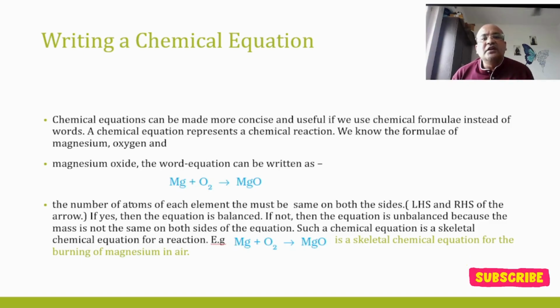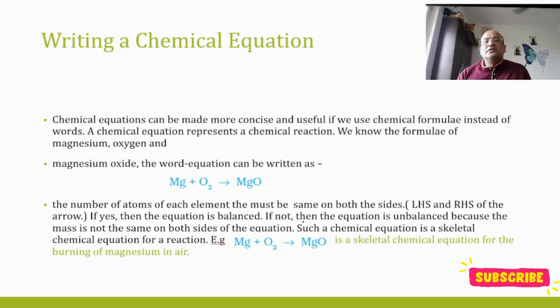Now, the number of atoms of each element must be the same on both sides, that is the left hand side and the right hand side, right? If that is the case, then the equation is balanced. If not, then the equation is unbalanced because the mass is not the same on both sides of the equation.